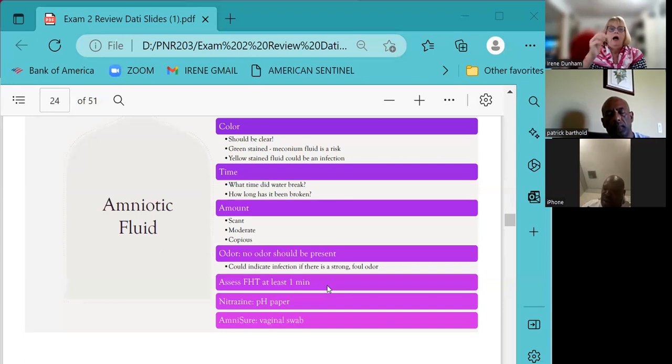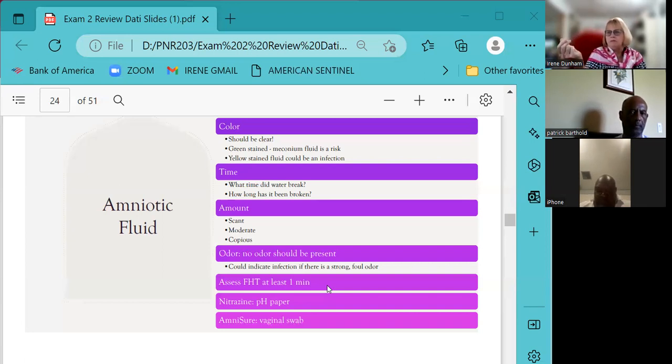Okay. Now, how can I test to see if she really is ruptured, because sometimes ladies say, oh, I think my bag of water is broken. I can test it with some nitrazine. That's only a pH litmus paper. If she broke her bag of water, when you just touch the introitus a little bit with the litmus paper, it'll turn a bluish green.